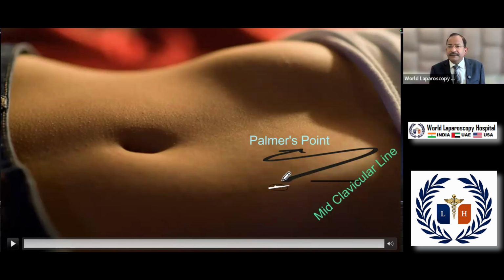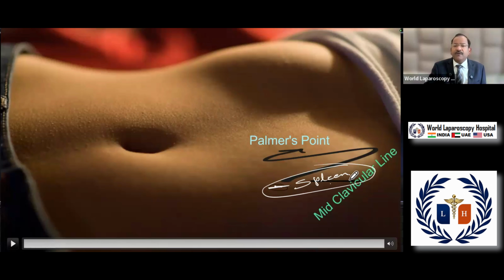Only requirement is that you must have a nasogastric tube and the stomach should be fully deflated. And another important point, that there should not be a splenomegaly. If there is a splenomegaly, then Palmer's point is an absolute contraindication. You should never use Palmer's point.